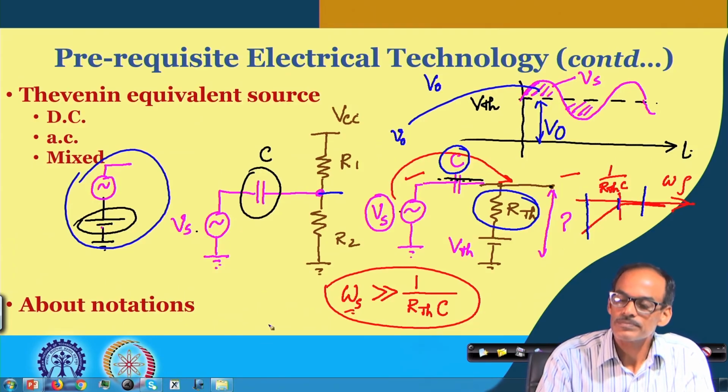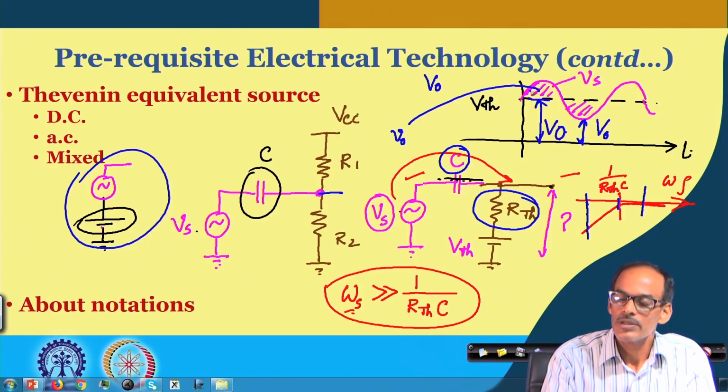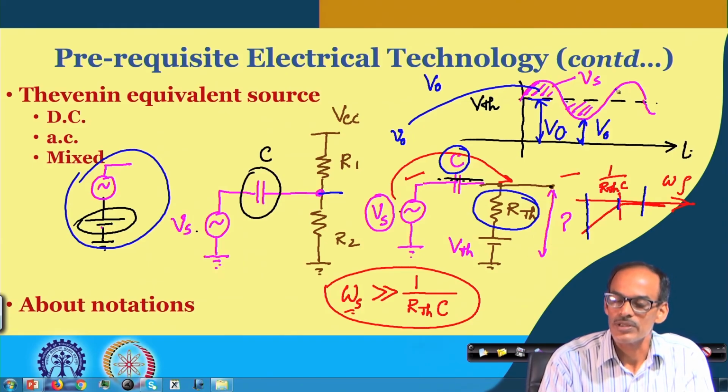In other words, the instantaneous value has a DC part as well as the small signal part. This DC level is represented by capital V capital O, and the small signal part is with respect to this DC level, which has an average of 0, on top of this DC level. So, this is the signal part.